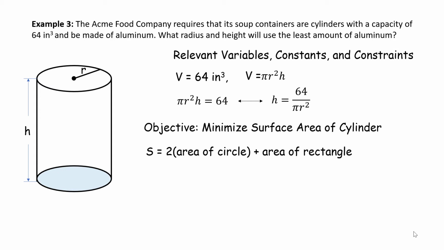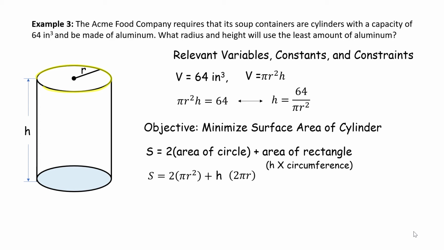The rectangle will have a height of h, and the width is going to be the circumference of the circle. Let's replace those words with letters. S would be equal to 2 times pi r squared, that's the formula for the area of a circle, and for the area of the rectangle we've got the height, and the circumference of the circle is 2 pi r.